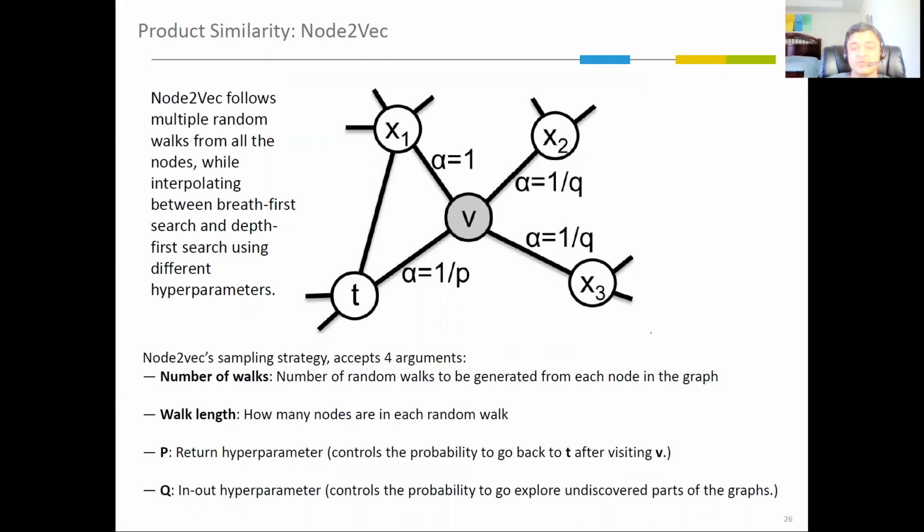There are a few hyperparameters to create some metadata, in the sense that you are trying to create a new data set from the existing network by doing random walks on the network. How far you should do these random walks, how many random walks you should do, and so on, are determined by these hyperparameters.